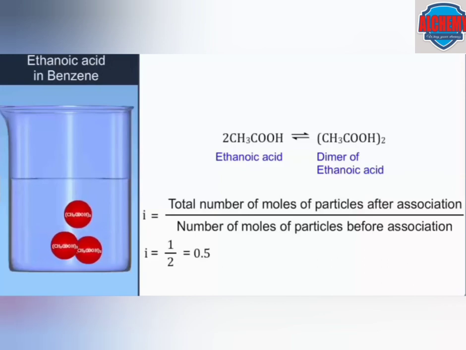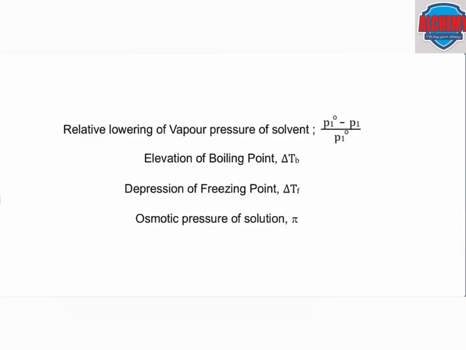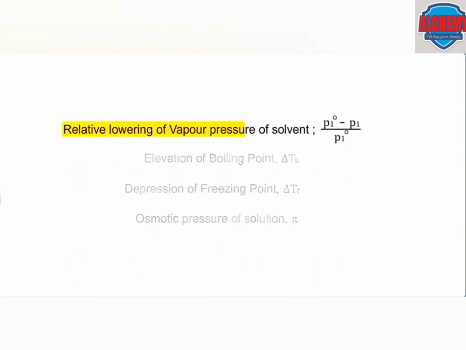So, the equations corresponding to the colligative properties can now be redefined with respect to the Van Hoff factor i. The relative lowering of vapor pressure of the solvent, P1 naught minus P1 divided by P1 naught, is now equal to i into n2 divided by n1.